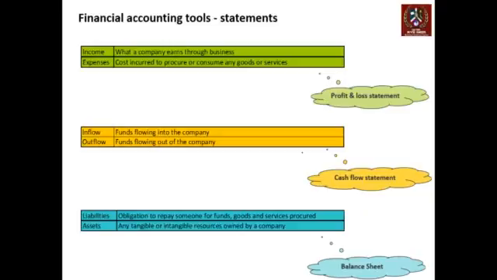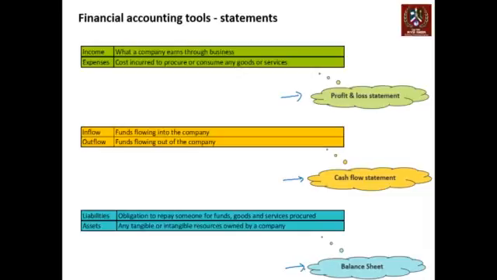Now let's look at these three statements or financial statements that get created and the respective usage of these three statements. So we have three of them. We have profit and loss account, we have cash flow statement, and we have a balance sheet, right?